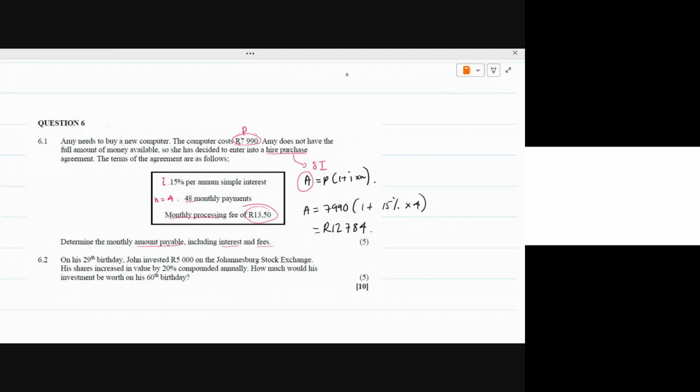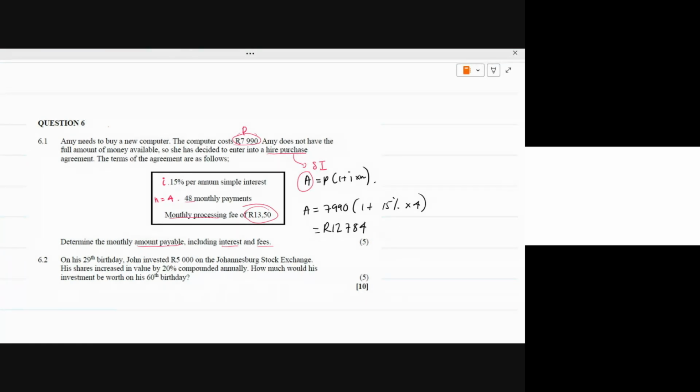Did you then take this amount and divide by 48? Is that what you did? Yes? Okay. Right. You're not wrong. Let's see if we take that number and we divide by 48. Do we all know why we are taking this amount and dividing it by 48? Yes? No? Okay. All right.